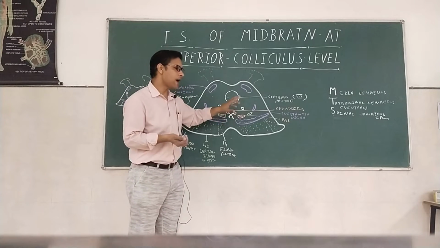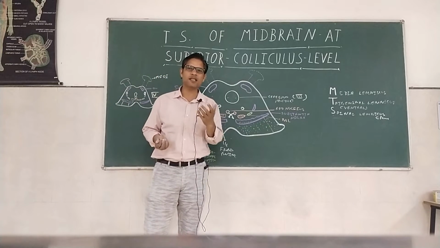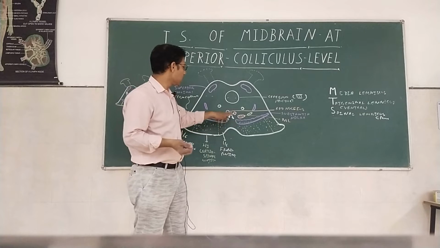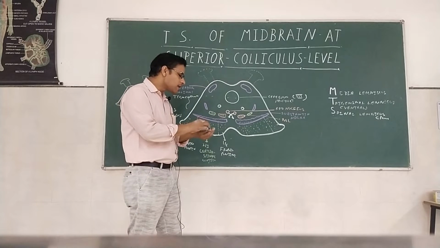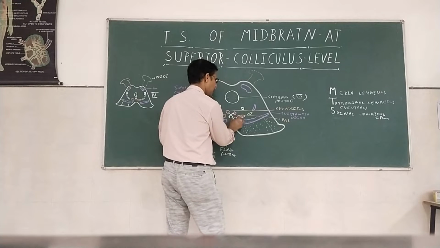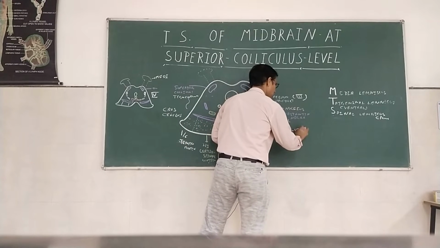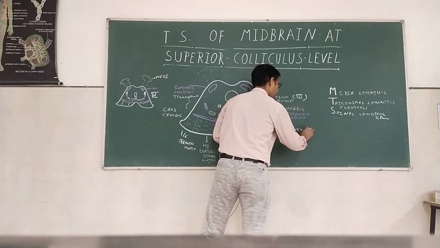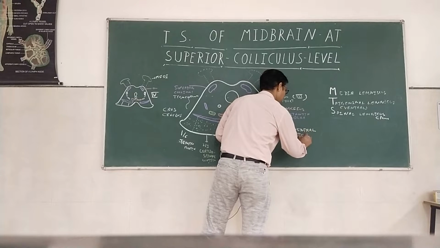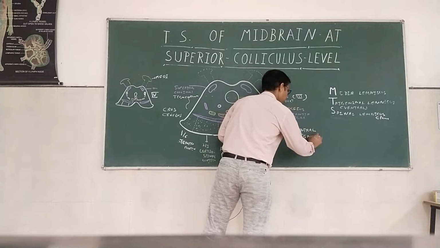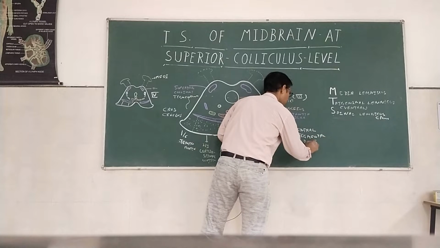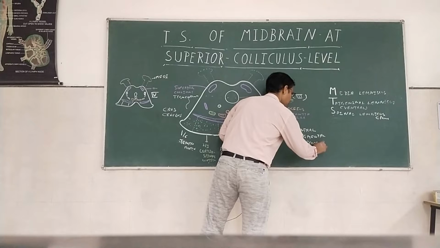But afferents come from two places, one from the cerebellum, cerebello-rubro, and the cortico-rubro, and they ultimately decussate here, and because they are in the ventral part of the tegmentum, this is known as the ventral tegmental decussation.